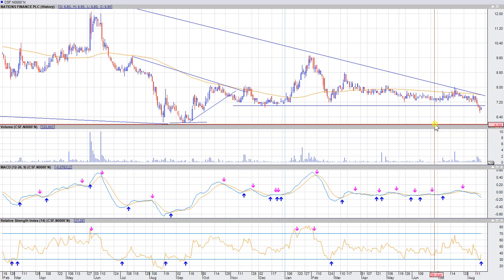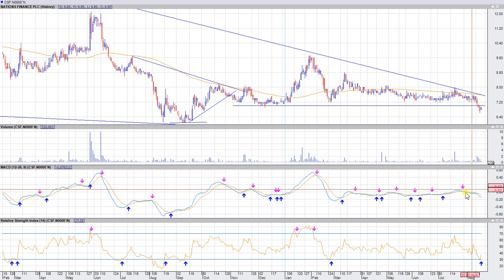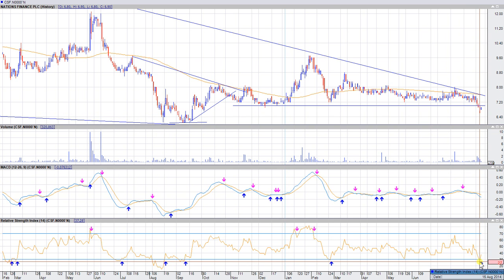And also MACD is still giving the selling signal, so it has not reversed as such, but relative strength is giving a mixed signal.